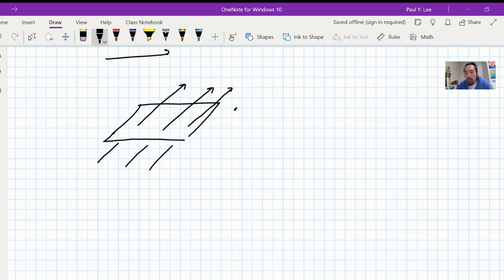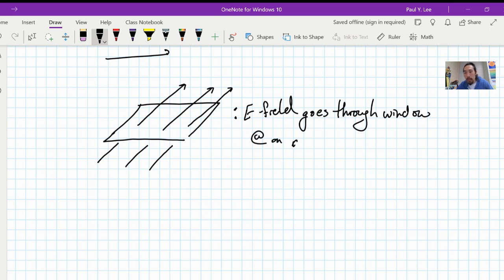So let's put a little notation there. All right, so the E field goes through the window at an angle. Here we can say the flux for this scenario is greater than 0, but less than 100 in terms of percentage.